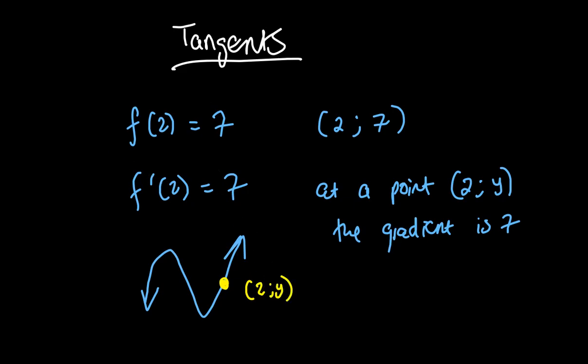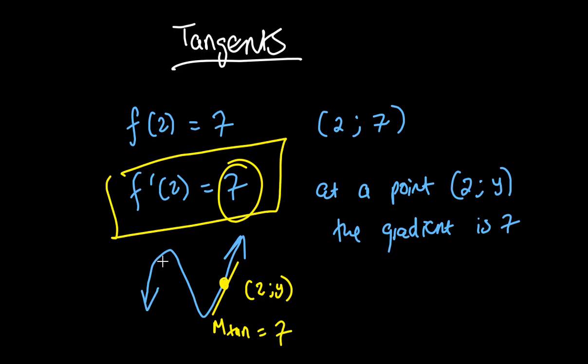If I were to put a tangent line there, the gradient of this tangent line would be how much? Would be 7. That is what this one means. It says the gradient at this point where x is 2 is 7, or you can say the gradient of a tangent line passing through this point is 7.